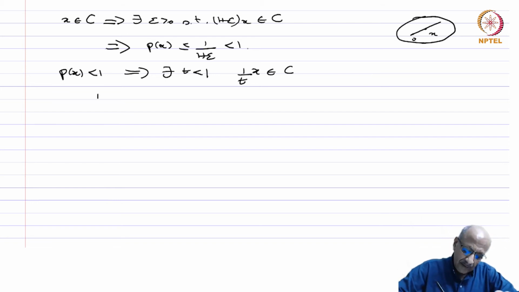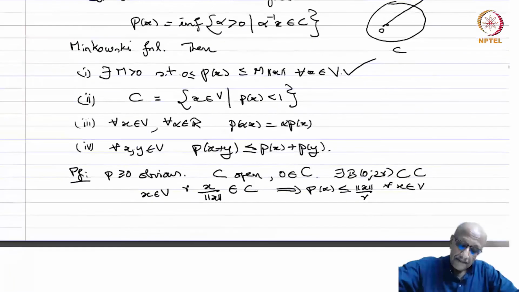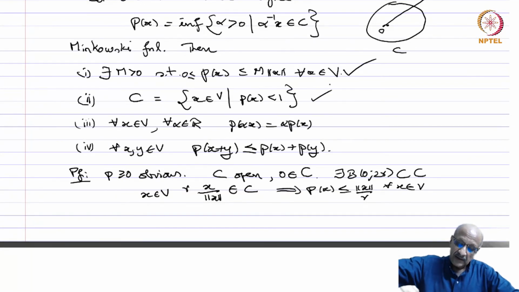So then C is convex and 0 belongs to C, therefore t times 1 by t x plus 1 minus t times 0, which is just x, belongs to C. So we have in fact proved the second one, namely C is precisely the set. Now the third one is obvious, I won't bother about it, it's straightforward right from the definition. So let us now prove the last condition.